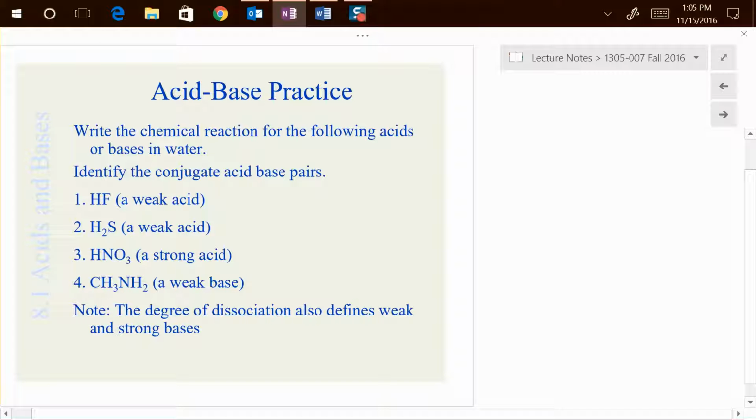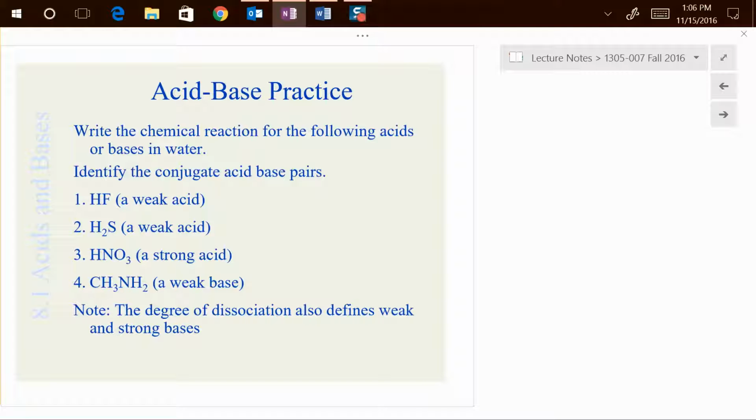Okay. So, identify the conjugate acid-base pair. HF, it's a weak acid. What is its conjugate? So if this is an acid, the conjugate would be the what? What is the definition of an acid?